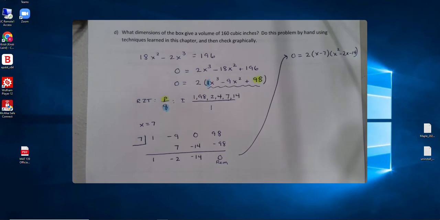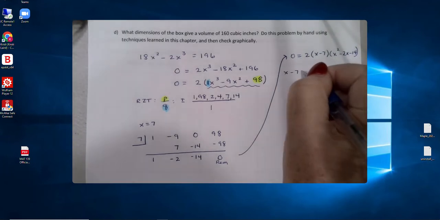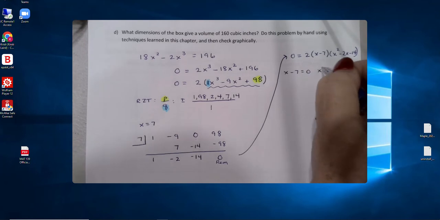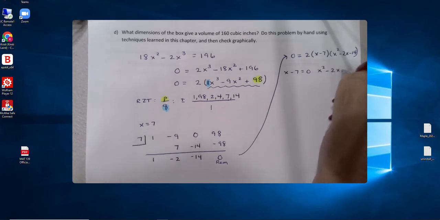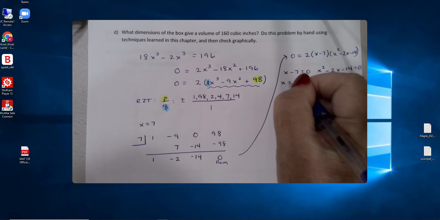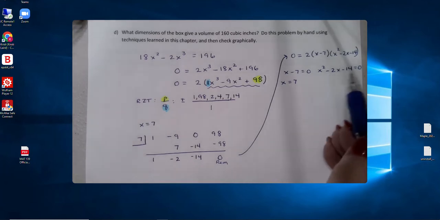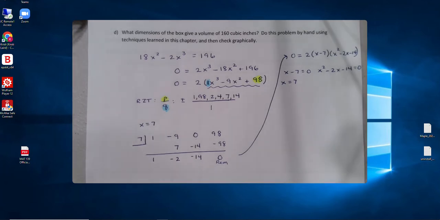All right, so we know that 2 can equal 0. Either x minus 7 equals 0, or x squared minus 2x minus 14 equals 0. First one gives me x equals 7, which we already knew, right? That was the one we found with the rational zeros theorem. But I'll get a couple of other options over here from my quadratic.